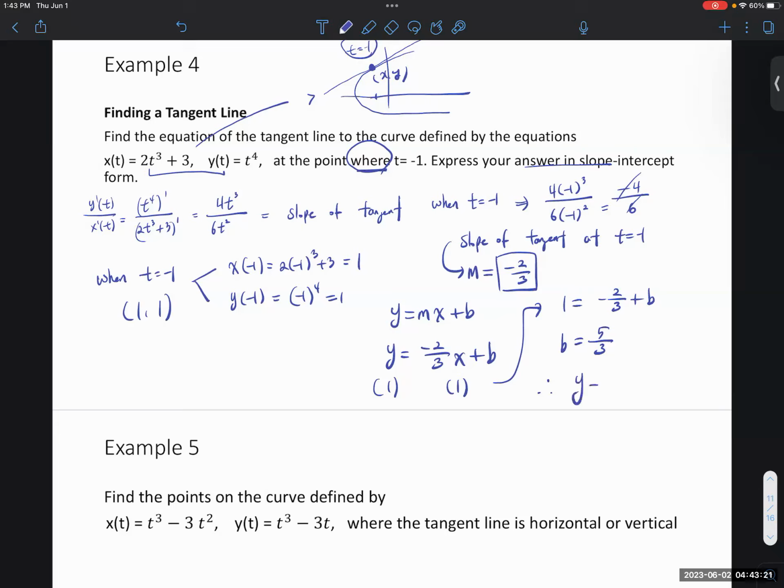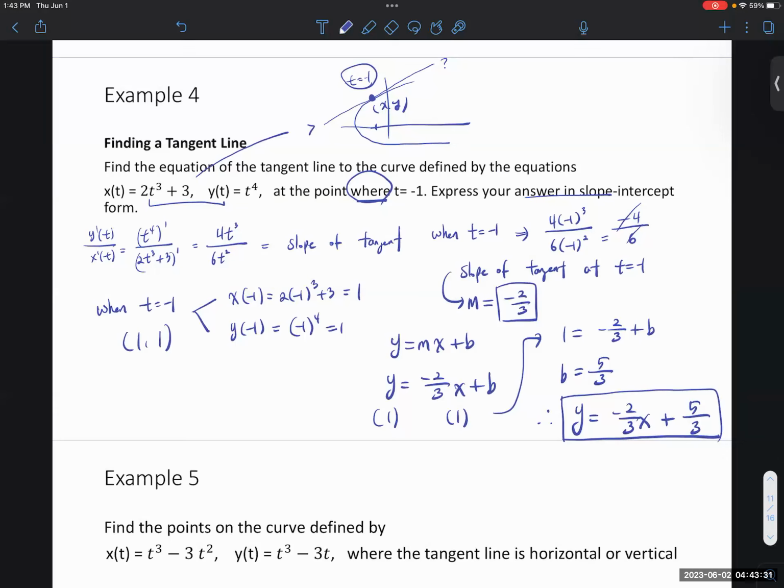Therefore, y = -2/3 x + 5/3. This is the tangent line when t equals -1 of this parametric equation. Better, better. Okay? So you have better confidence of what we are doing, correct?